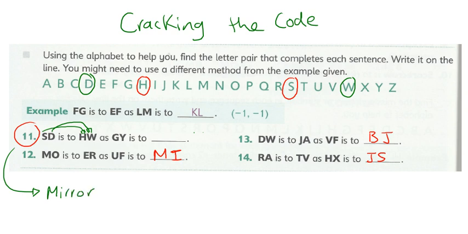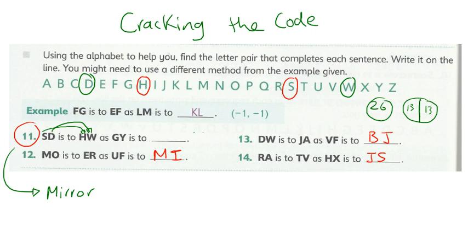Okay, this is a mirror. If you recall that there are 26 letters in the alphabet, that means we can split this in half. We can have 13 on either side and make this what we call symmetrical. So you need to understand symmetry from maths to be able to answer this question.